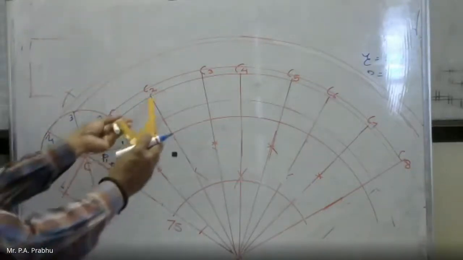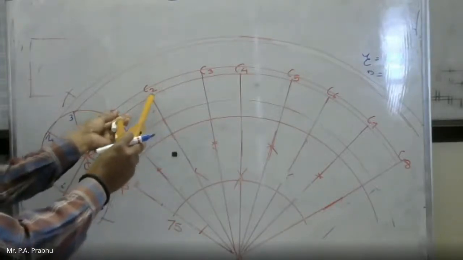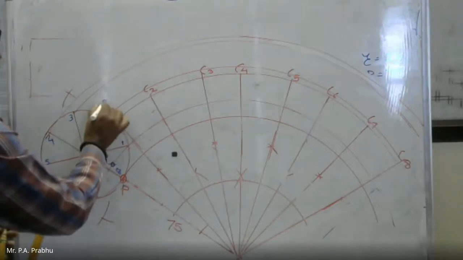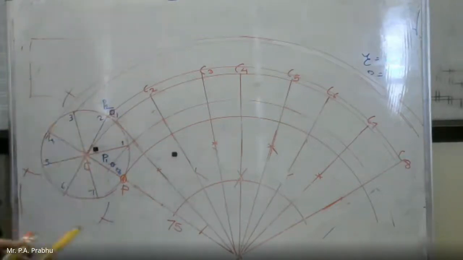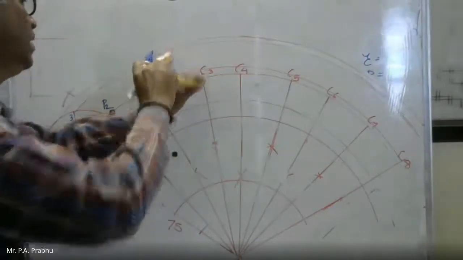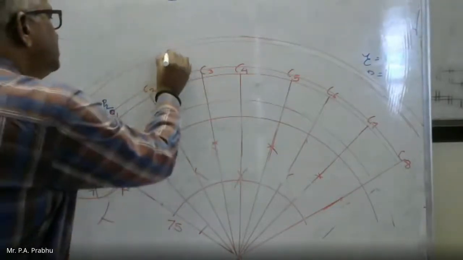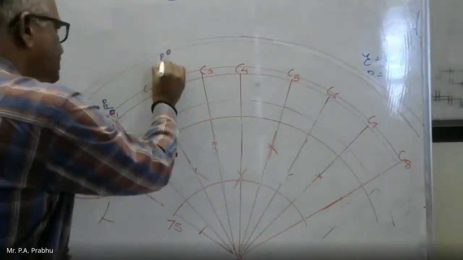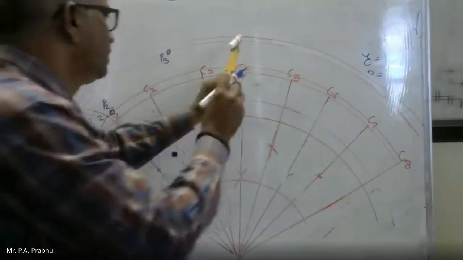Then take C2 as a center. Cut the curve passing through point 2. Mark this point P2. Take C3 as the center, cut the curve passing through point 3. So mark this point P3.